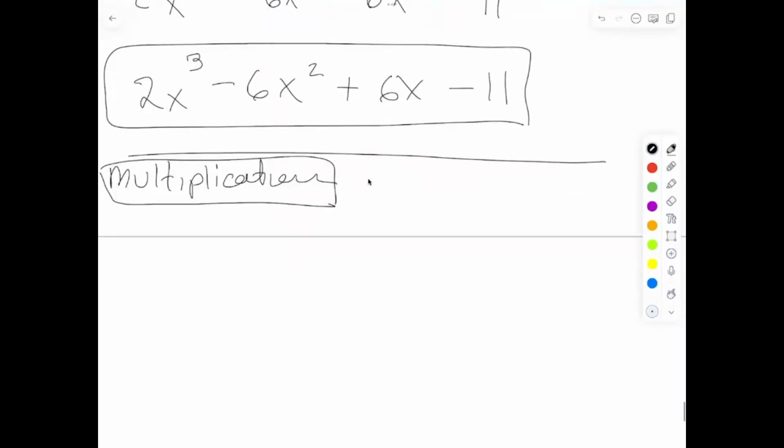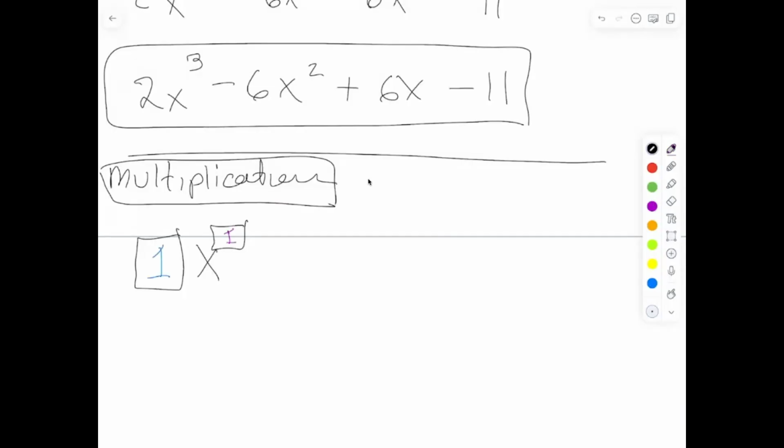So I have X. Correct? What's my degree here? What's my coefficient here? 1. Yeah. 1 coefficient and 1 degree.